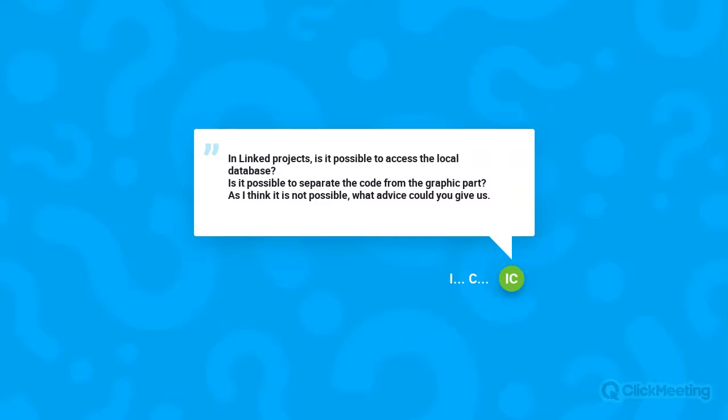I don't understand the second question. Is this regarding the HTML control? Ivan, if you can explain the second part of your question, that would be good. Regarding the first one, I can talk about linked projects right now.